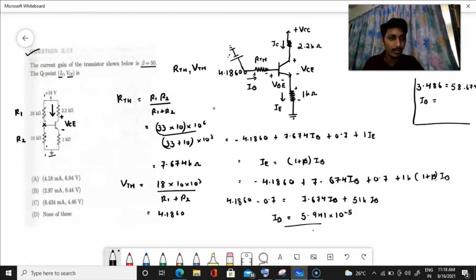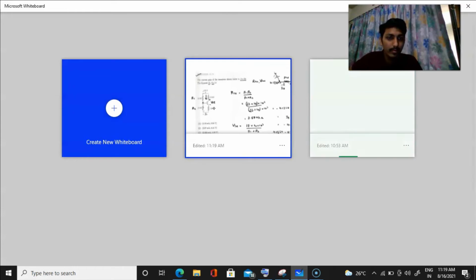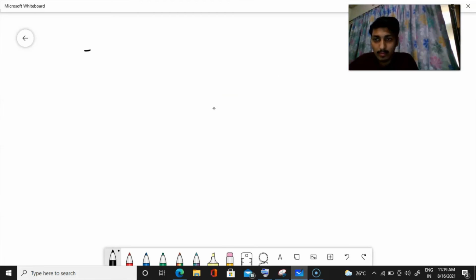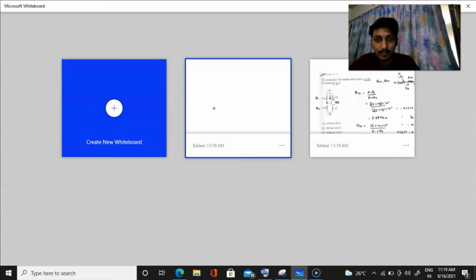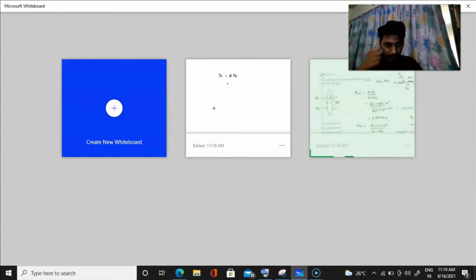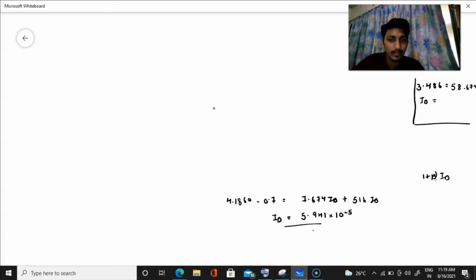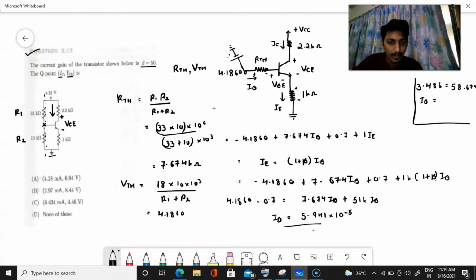Now we will go to IC, because we have to find the collector current. IC equals beta IB. IB is 5.941 into 10 raised to minus 5.